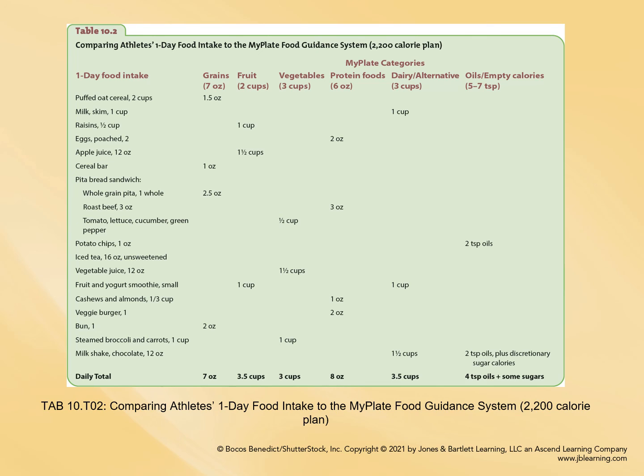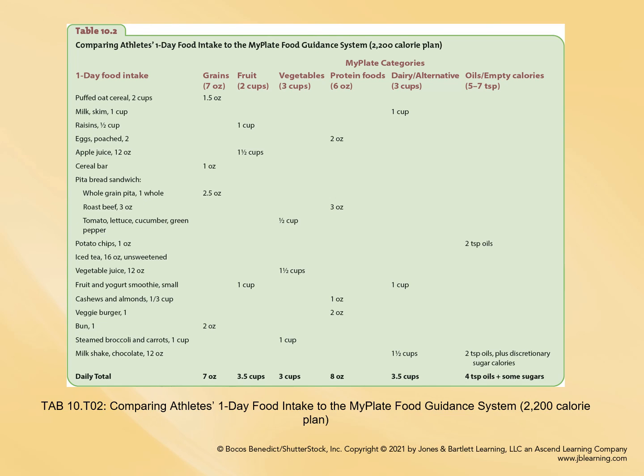So for example, the puffed oat cereal, that would be in the grain category, and it would be in ounces, not necessarily in cups. And you'll see the cereal bar, whole grain pita, a bun, and at the bottom, the daily value.